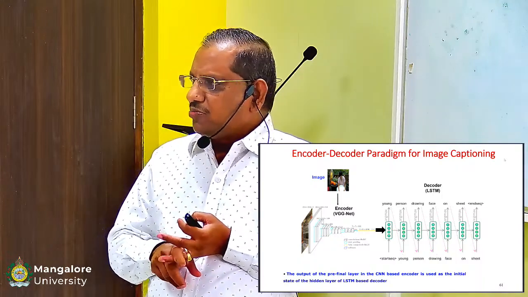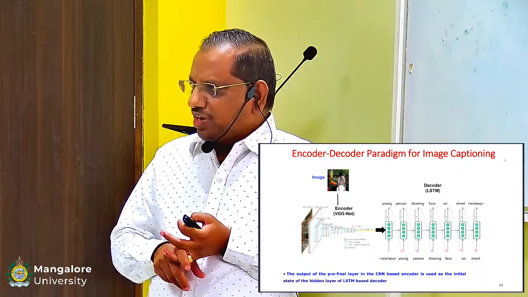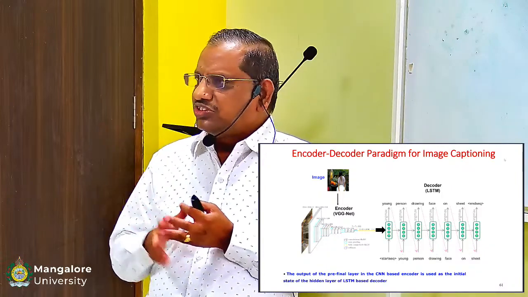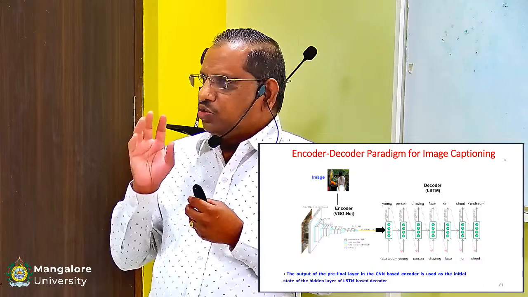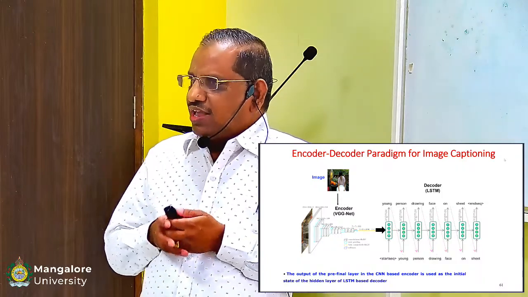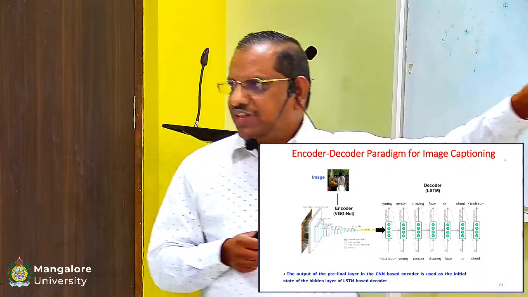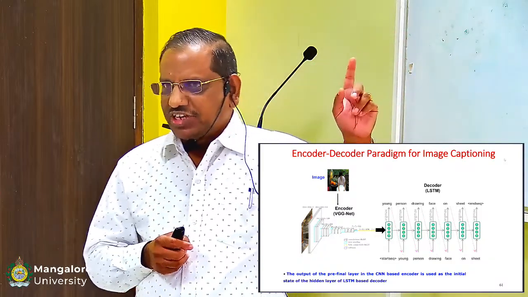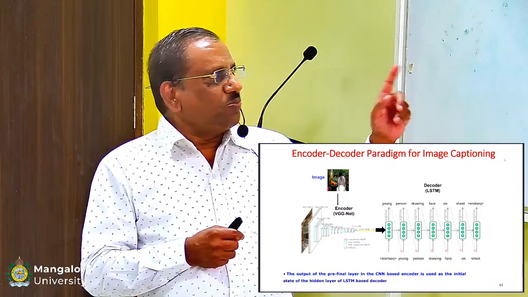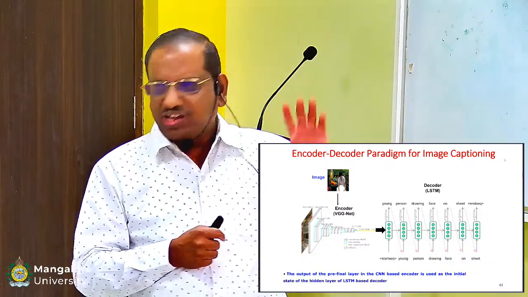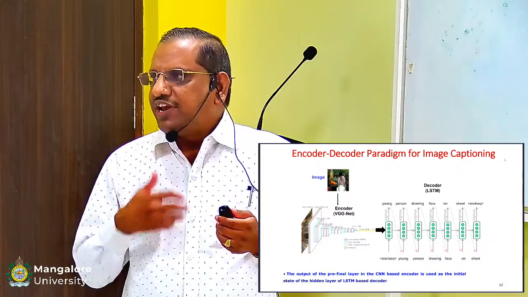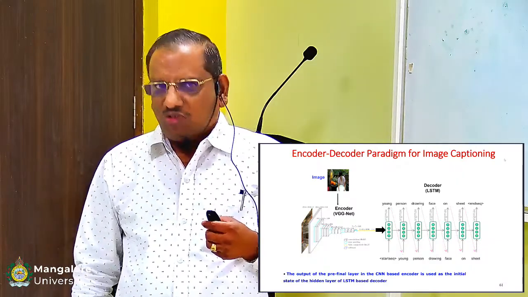There is also a method called GloVe, which is very commonly used. There is also what is called fastText. Any of these methods can be used to generate a feature vector to represent a word. That feature vector is the one that goes as the input to the model at every time instant. So basically this LSTM model, or any recurrent neural network, is trained to generate a sequence of words.